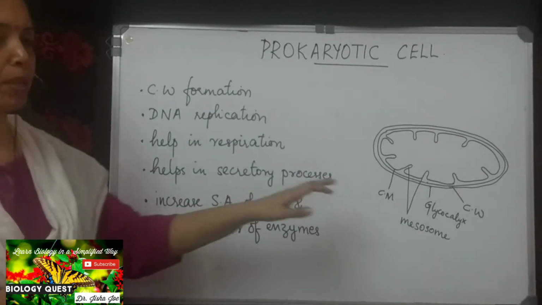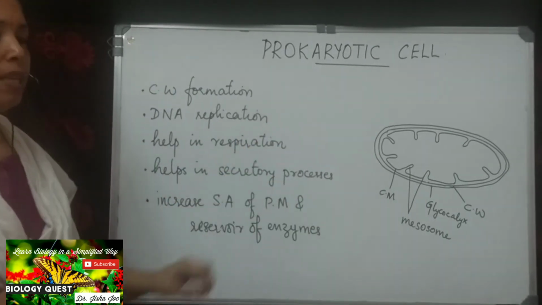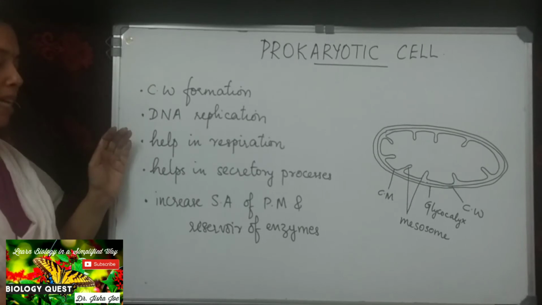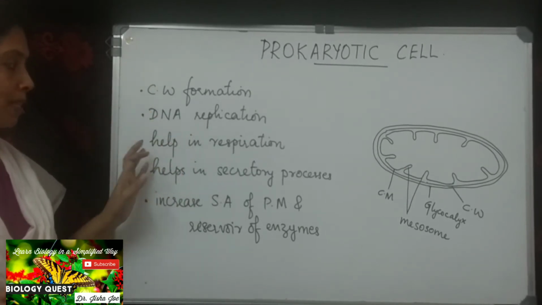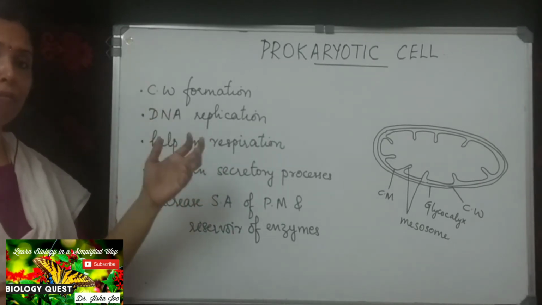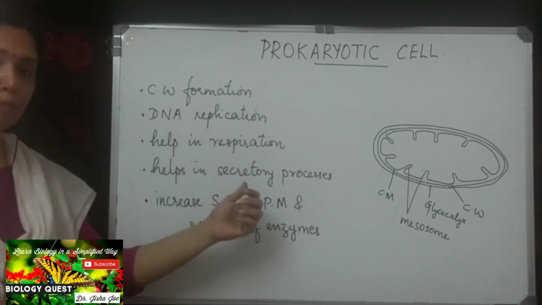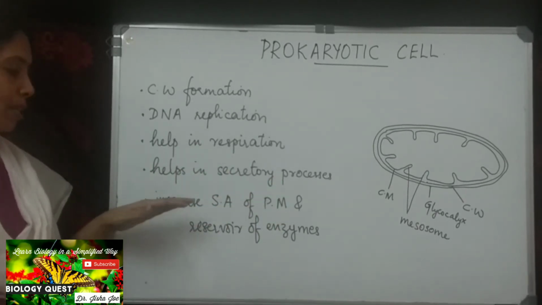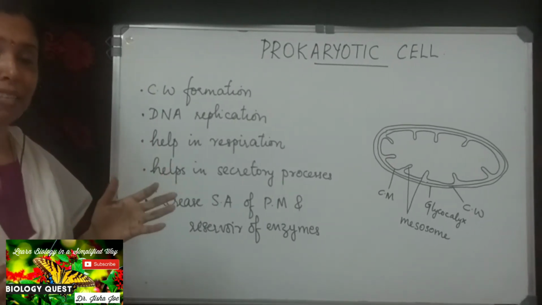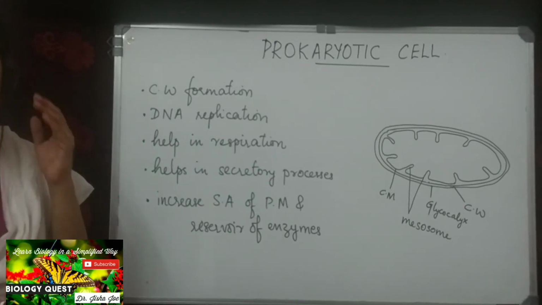They are the infoldings of the plasma membrane into the cytoplasm, and they are concerned with the cell wall formation in bacteria. They are involved in DNA replication, help in respiration since they have a lot of enzymes that are concerned with respiration. They help in the secretory process, also increase the surface area of the plasma membrane and have a rich enzymatic content. So that is with regard to the mesosomes.